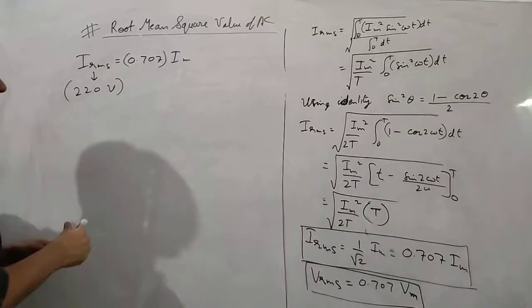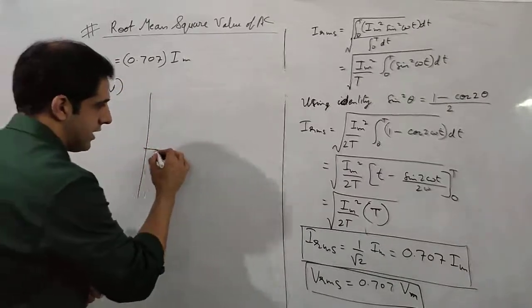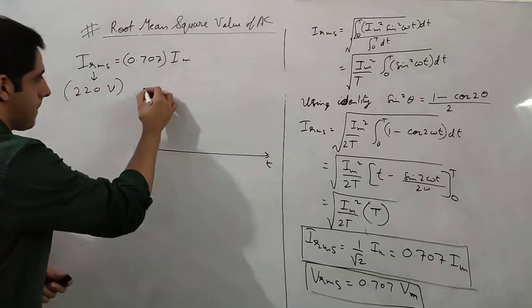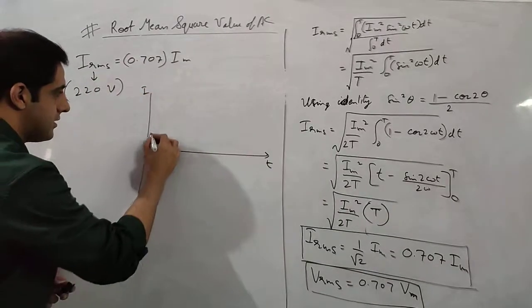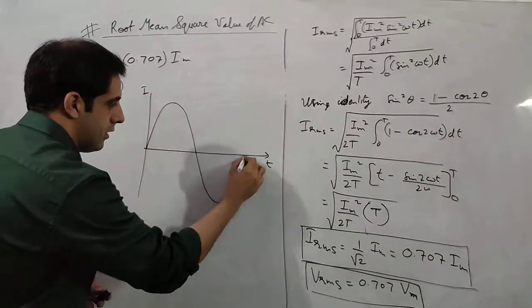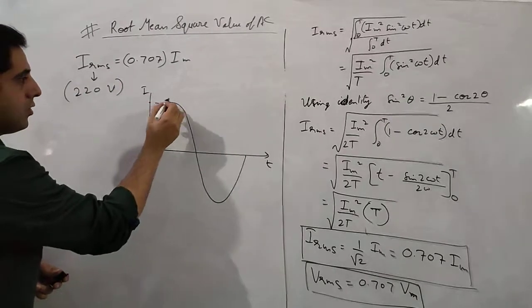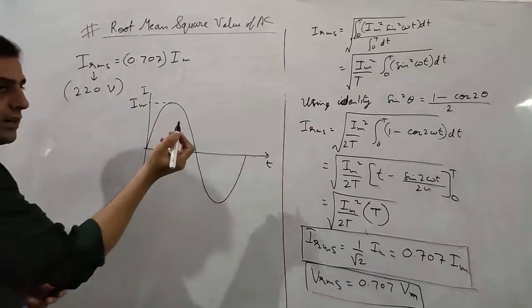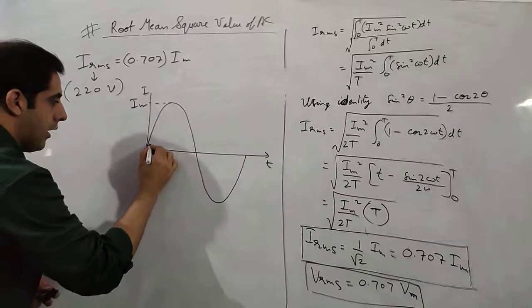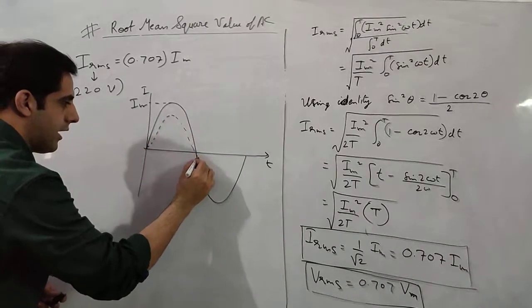So if I represent this in the form of, say, a current time graph like this, and this is the graph, this value is, we know, the peak value, and we will have another graph like this.